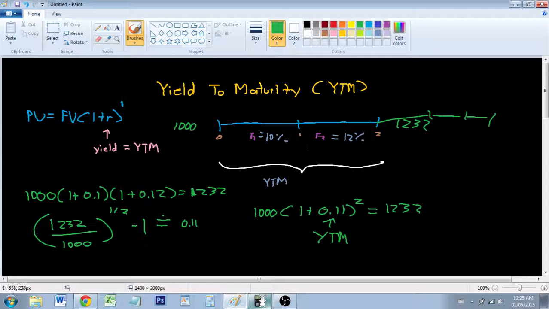And you just have to remember that the interest rate is going to be the amount that you can put in for $1,000 to get whatever number you have at the end, and it'll give you this amount overall. So hopefully that was helpful, and we'll see you next time.